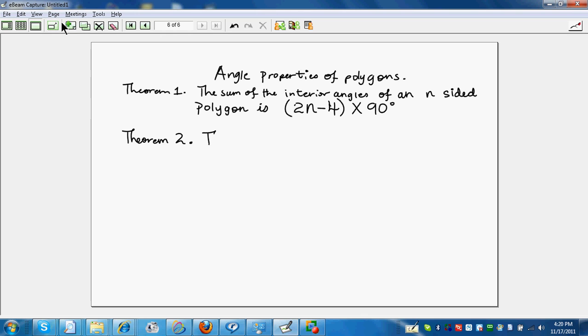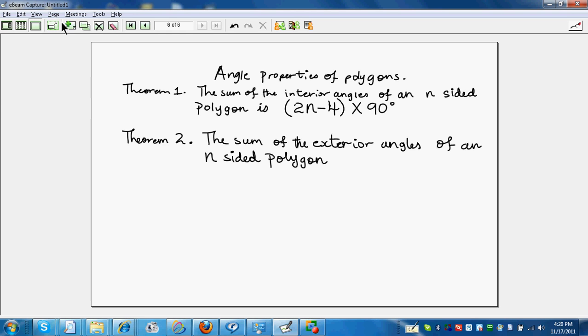It says that the sum of the exterior angles of an n-sided polygon is 360 degrees.